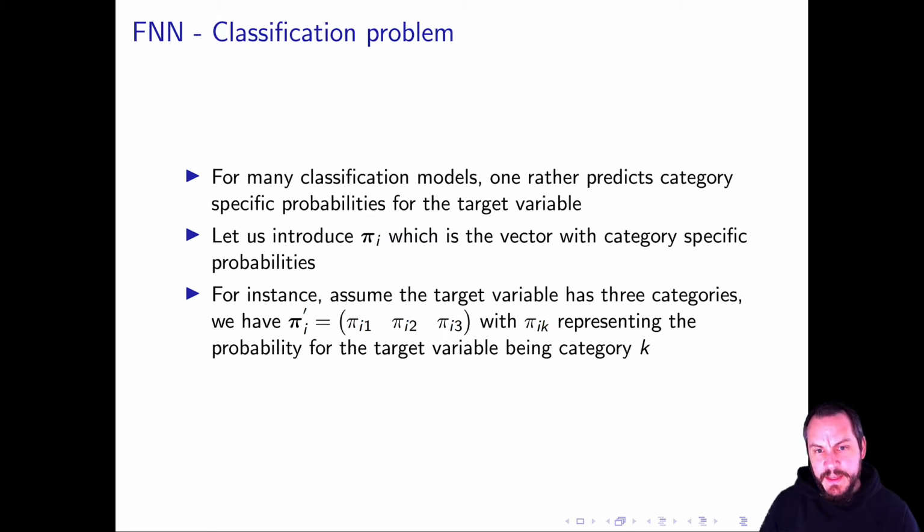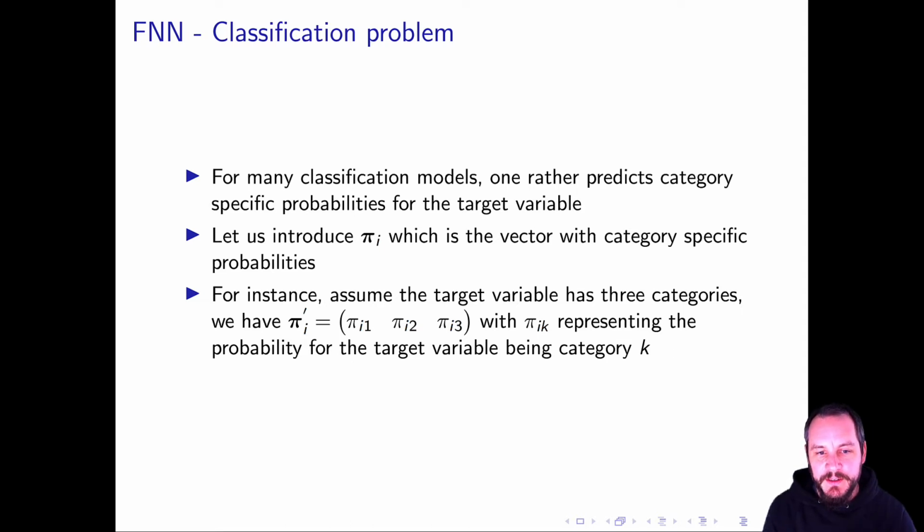And then what is typically done, especially when using neural networks for making predictions in case of classification problems, is not to directly generate outputs which correspond to the category. This means we will not output 2 or 1 or 3 in order to predict that the target variable belongs to category 2. What we will do is we generate predictions.